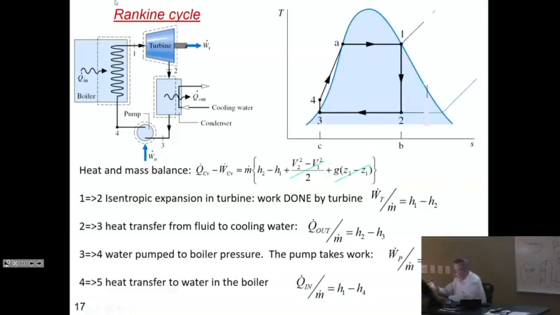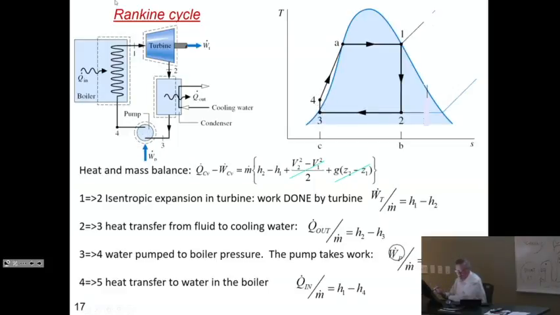Okay, 2 to 3, we have heat transfer from the fluid to the cooling water. Well, now there is no work here, it's a heat exchanger, so the heat out of the system divided by the mass flow rate is H2 minus H3. That is this one. Then we pump the water from 3 to 4. That pump takes in work.